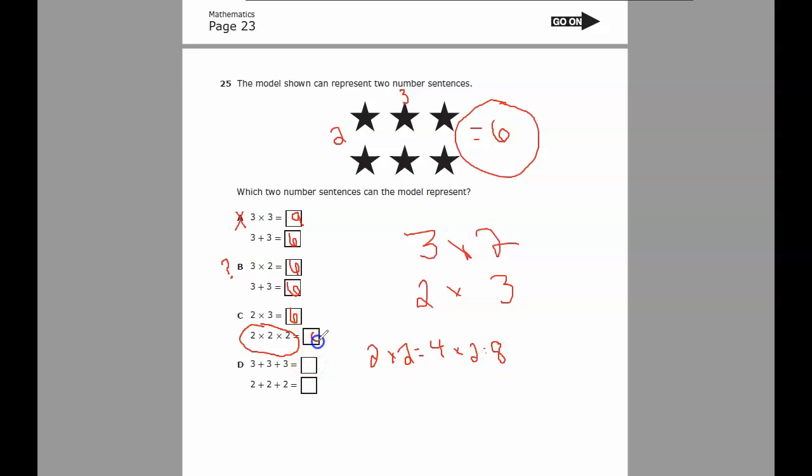So that's going to equal 8. 3 plus 3 plus 3 is 9. 2 plus 2 plus 2 is 6. So which is the only answer choice that gives us 6 on both? B. And we know it's B because we have 3 times 2 is 6. And we have 3 plus 3.